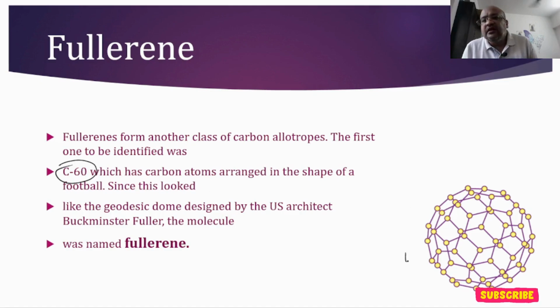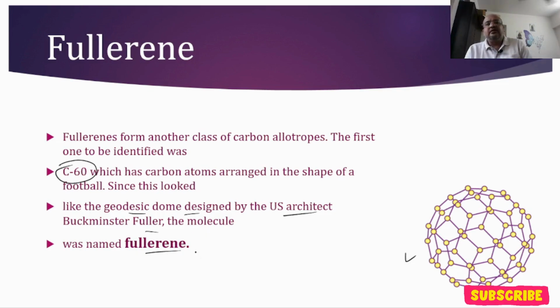Here you see carbon atoms arranged like a football. Since it looks like a geodesic dome, a US architect, Buckminster Fuller, gave his name, and the molecule was named fullerene.